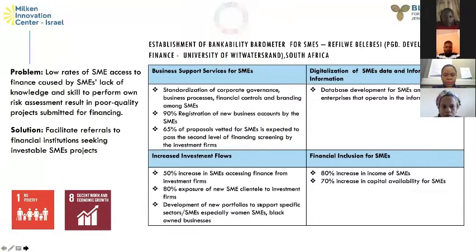Rafilwe Bellavisi in South Africa from the University of Witwatersrand has been working on a project to help profile the standardization of controls for SME borrowers and to facilitate referrals to financial institutions and accompany the applications for SME projects.